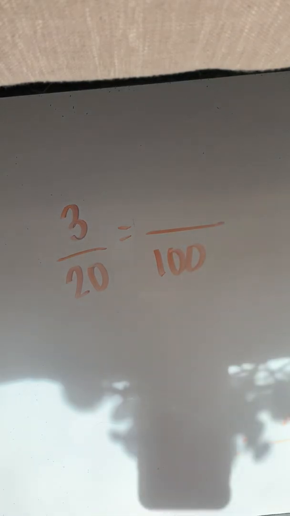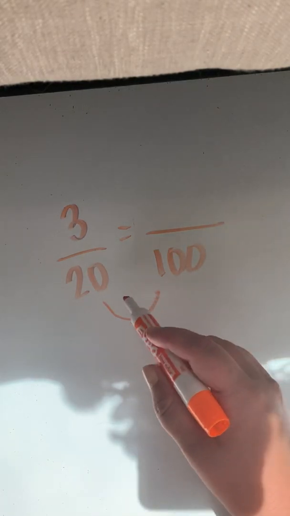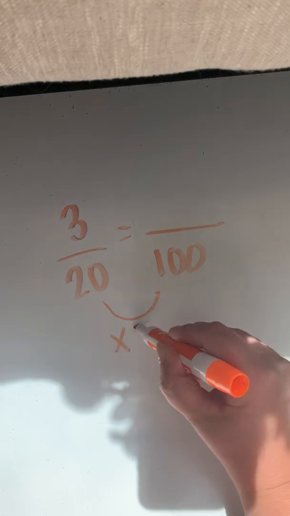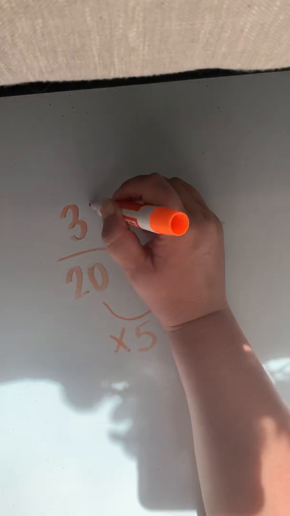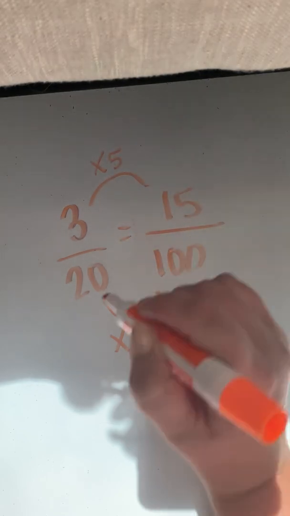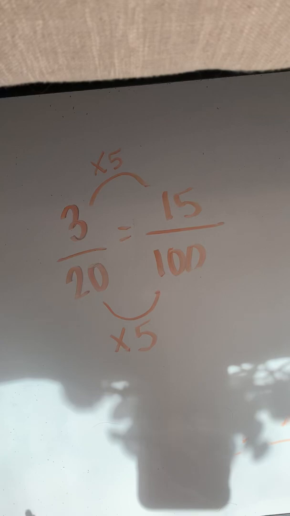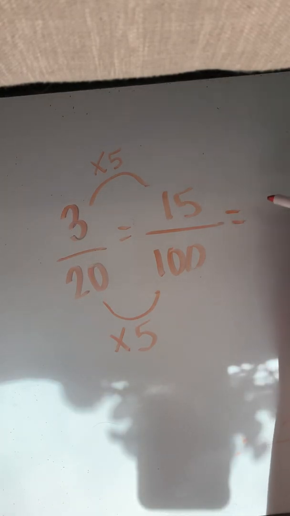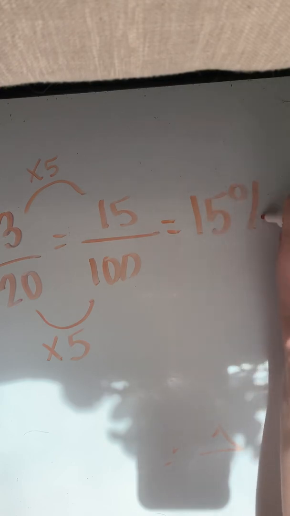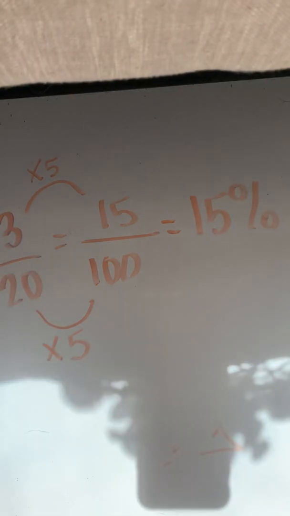Good. Now, we know that in order to get from 20 to 100, we multiplied what? 5. Excellent. And I need to do the same thing at the top. So I have 15/100ths. Now, that's the same thing as basically saying 15%, okay?